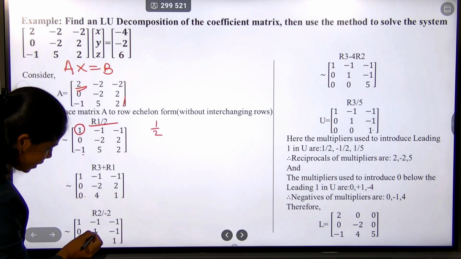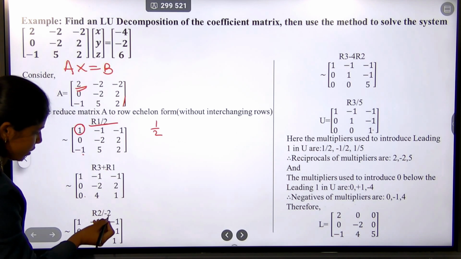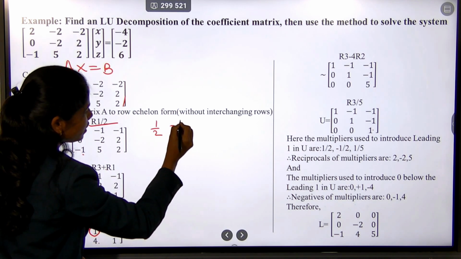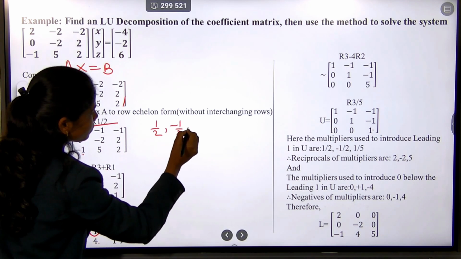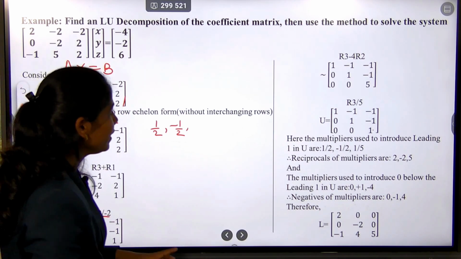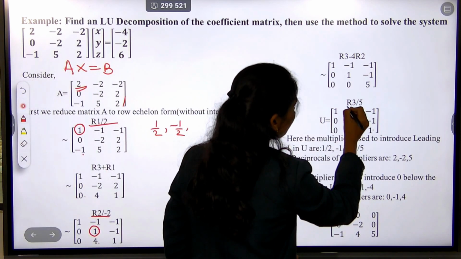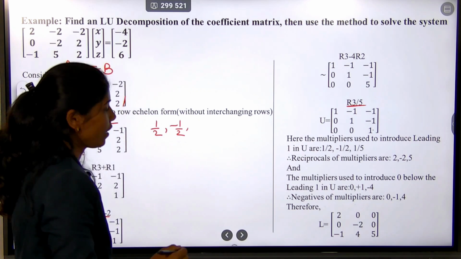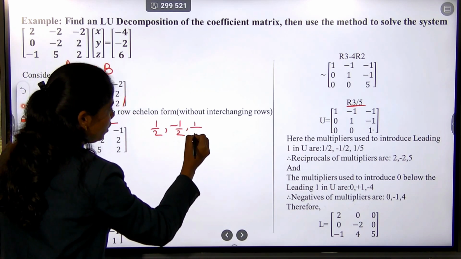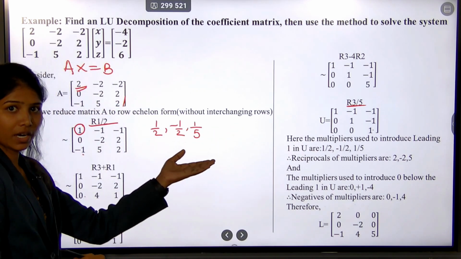Then for making this second leading element 1, we use the multiplier minus 1 upon 2. And for making the third leading entry 1, we use the multiplier 1 upon 5. In this way we get the multipliers.